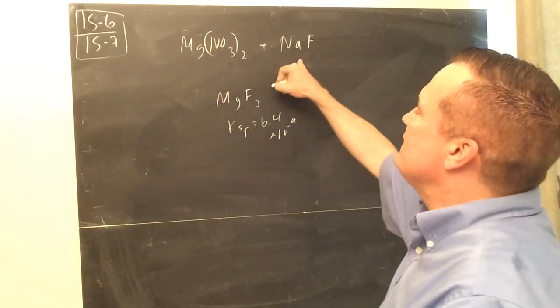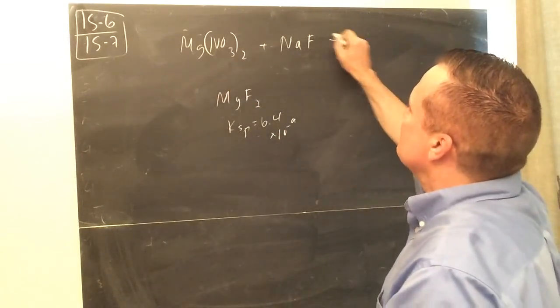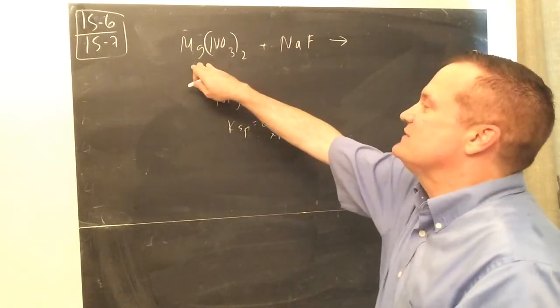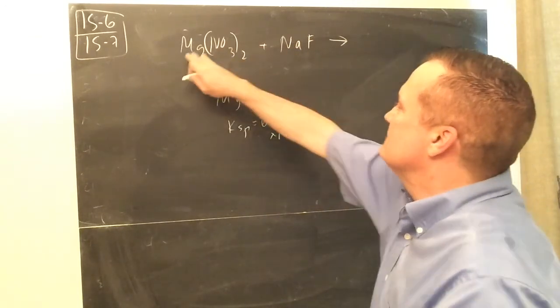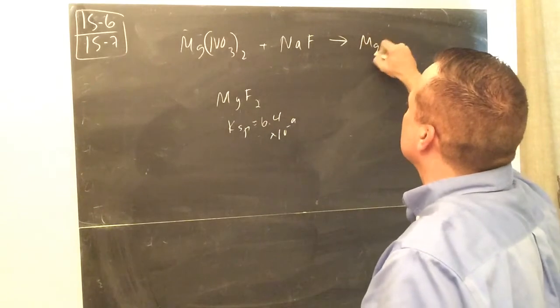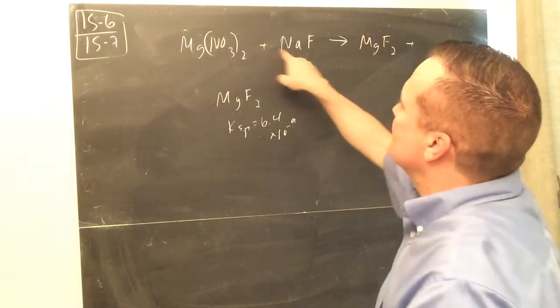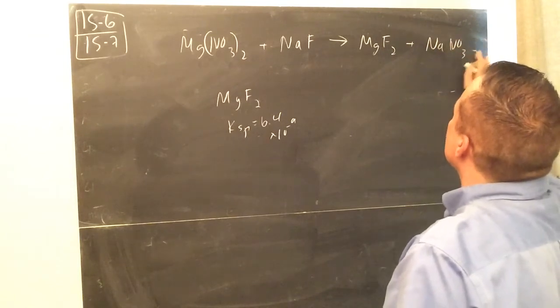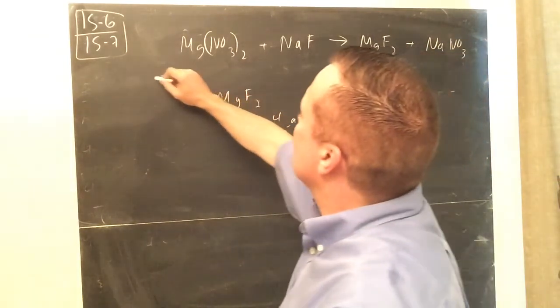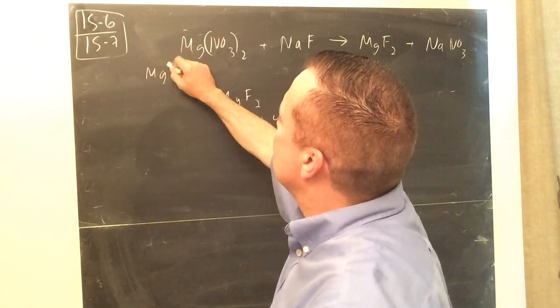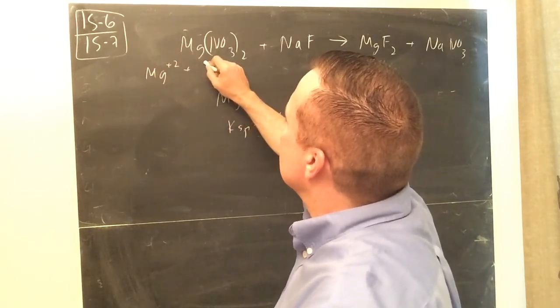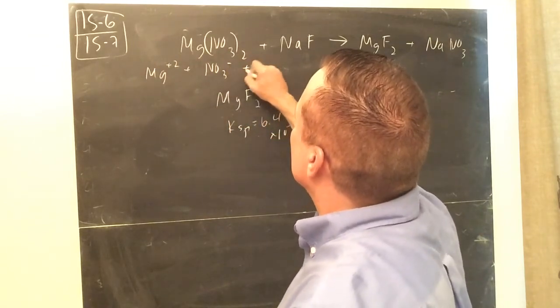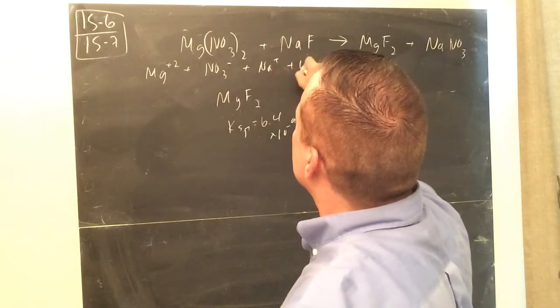First of all, when these two things react, this is like a net ionic equation. They could ask you this on the AP: write the net ionic for this. Magnesium will go with fluoride, and sodium with nitrate. Now, for the net ionic, magnesium and 2 nitrates will give you sodium and fluoride.